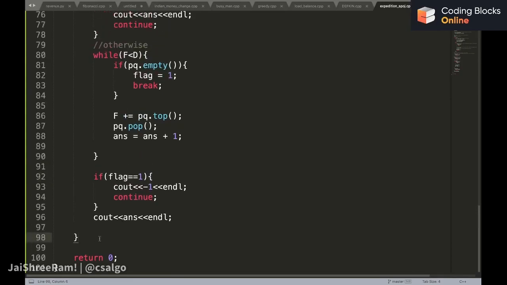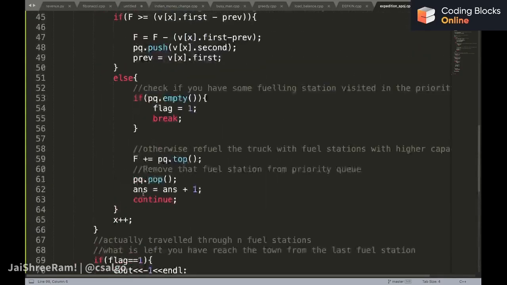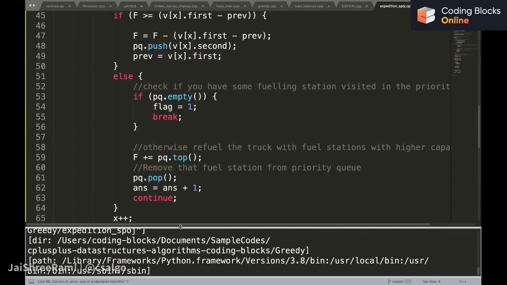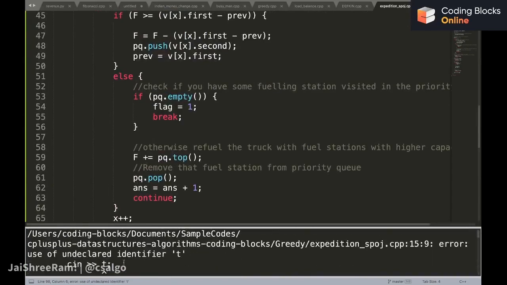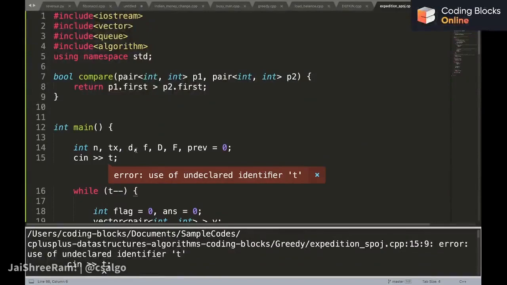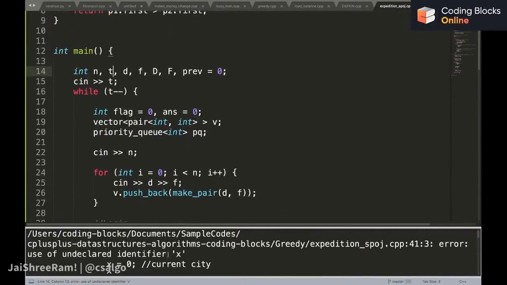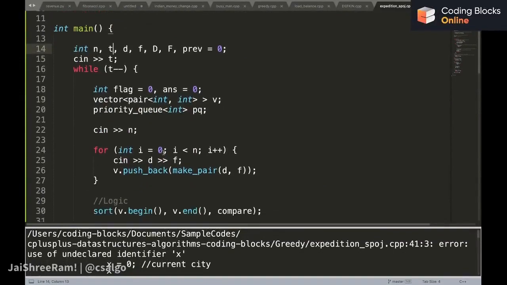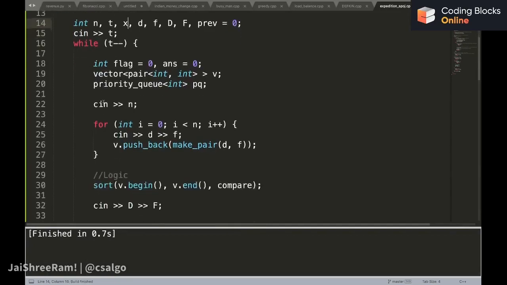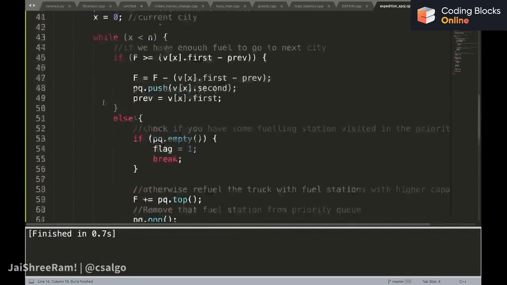So let's try to run this code. This should be t. x is not defined, so we can define x like this. Looks fine.